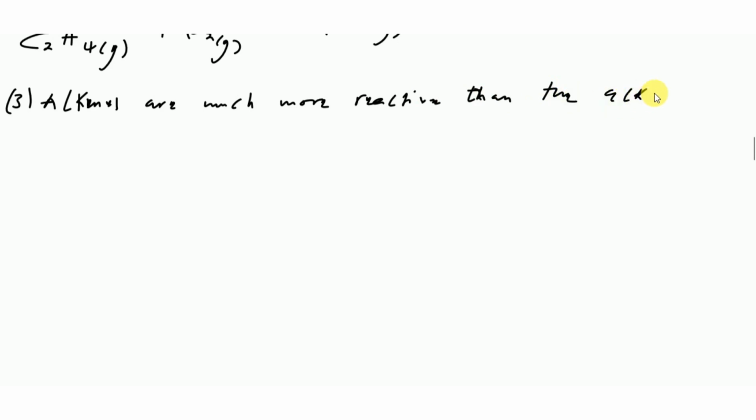So we can say the alkenes are much more reactive than the alkanes, and the reason is because they contain a carbon-carbon double bond.